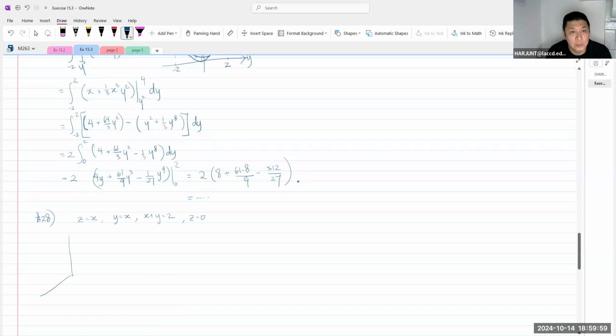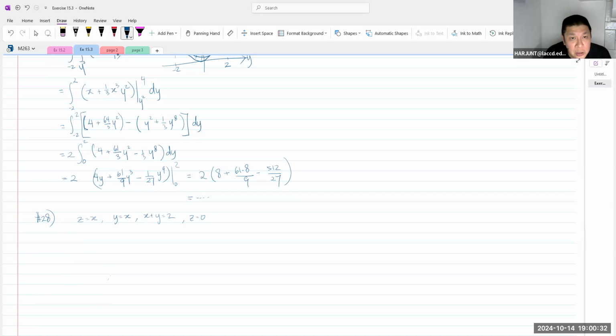Wow, this is quite difficult. Y equals x, so it's this plane here. Z equals x is this plane here. Oh, it's kind of hard to see now, huh? And x plus y equals 2. Ooh, you know what? Let's do it this way.